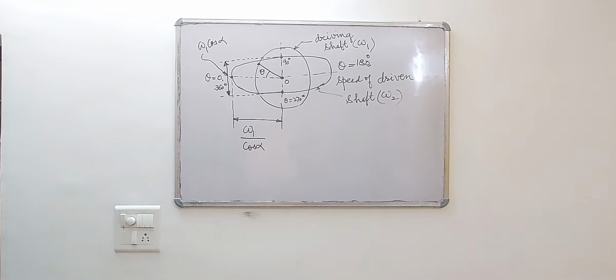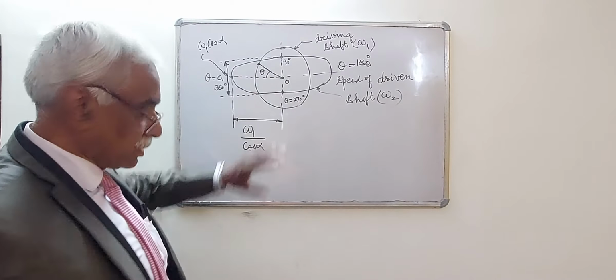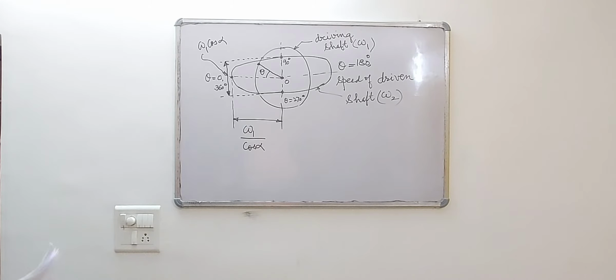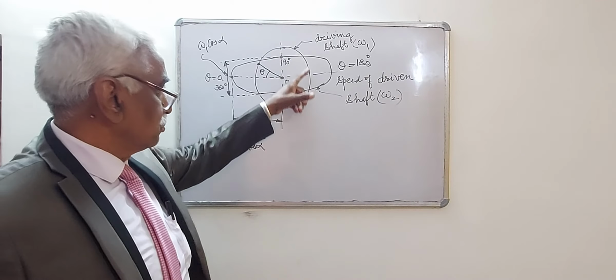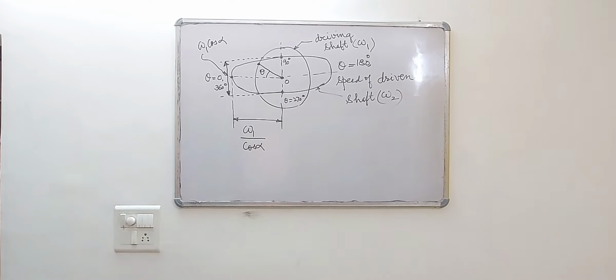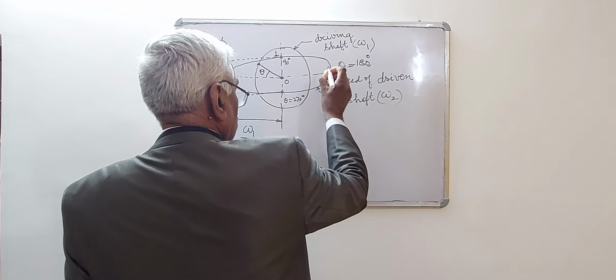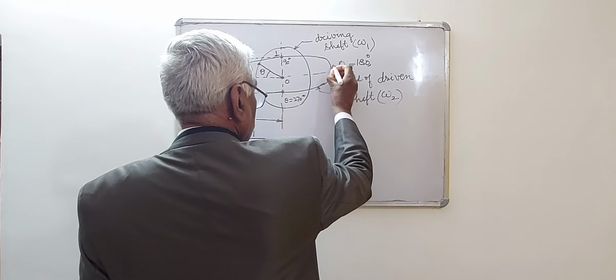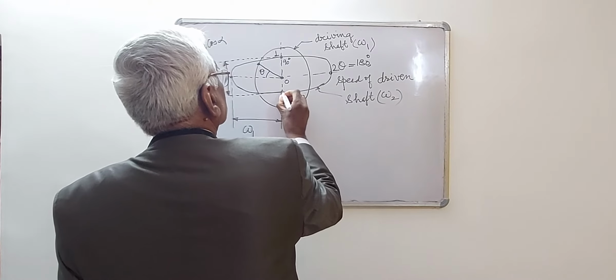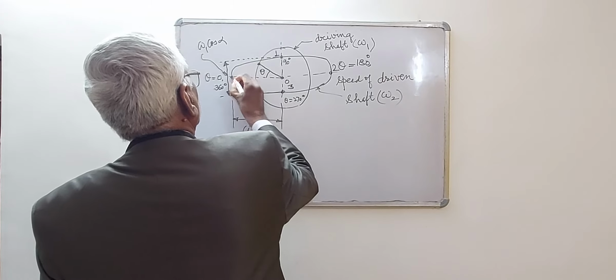So from this figure the following conclusions can be drawn. Number 1, for one complete rotation of the driving shaft, the speed of the driven shaft is minimum at 2 points. Suppose this is point number 1, this is point number 2, this is point number 3, this is point number 4.